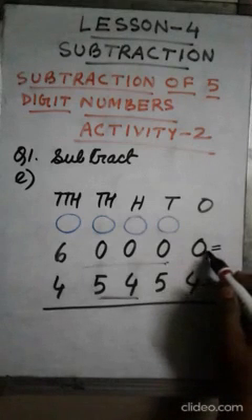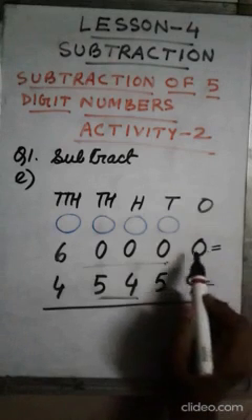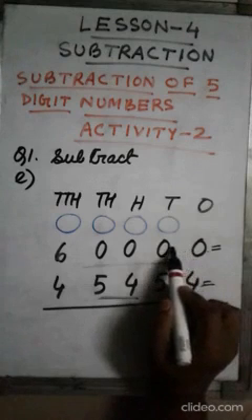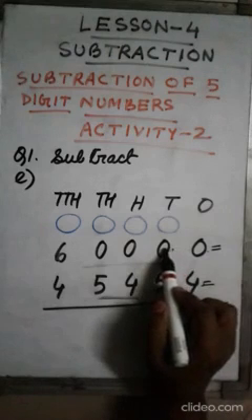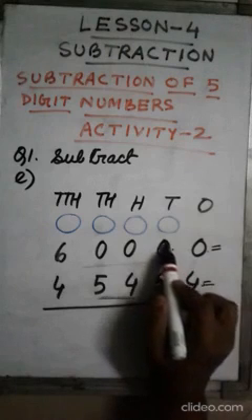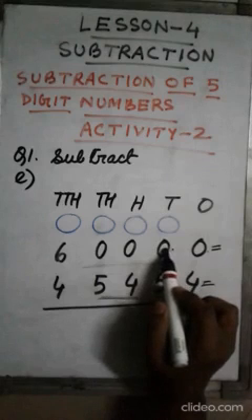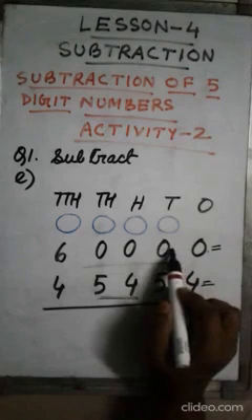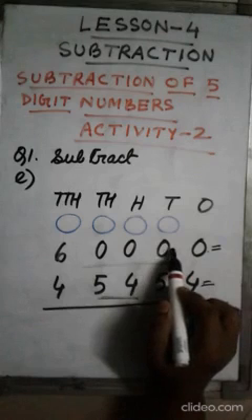Here 0 is less than 4. So we have to borrow 1 from its next place. We cannot take 1 from 0 because 0 is less than 1. We cannot borrow anything from 0.